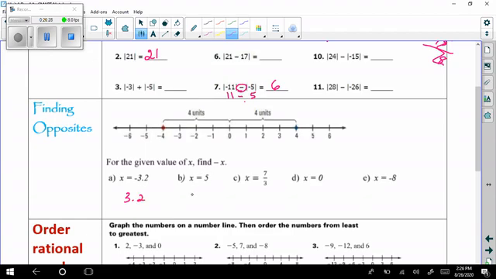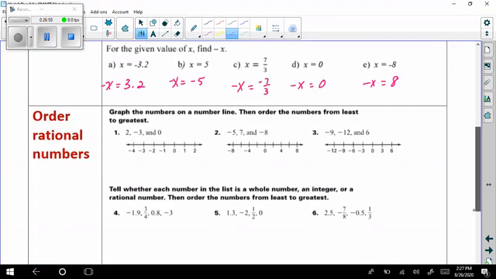Opposite of 5 is going to be negative 5. Opposite of 7/3 is going to be negative 7/3. Now, this is a tricky one. 0 is just 0. And the opposite of negative 8 is going to be positive 8.